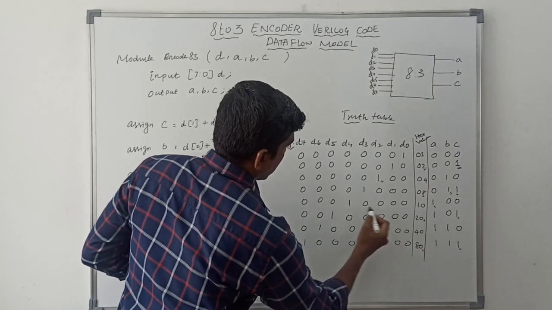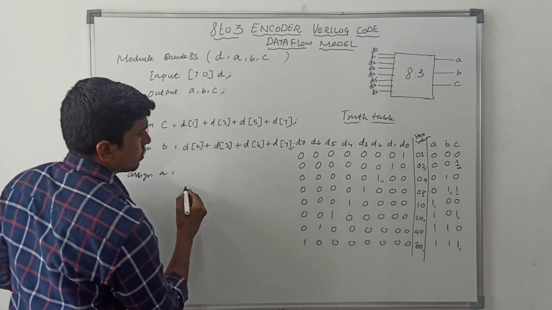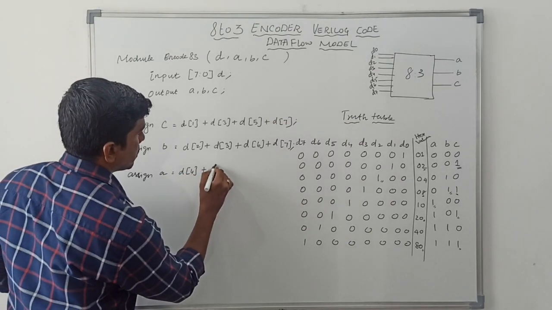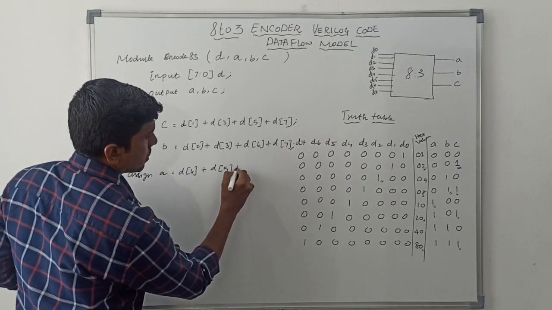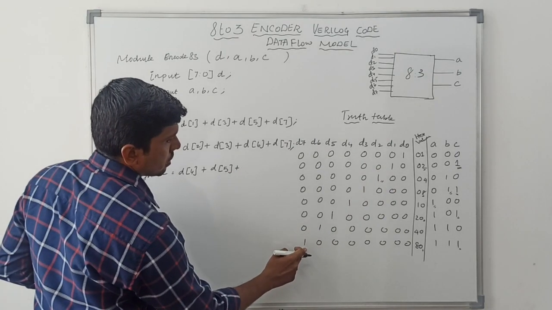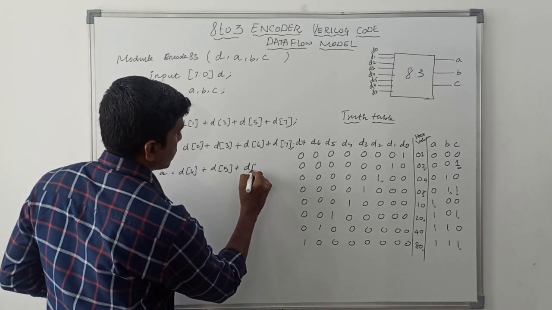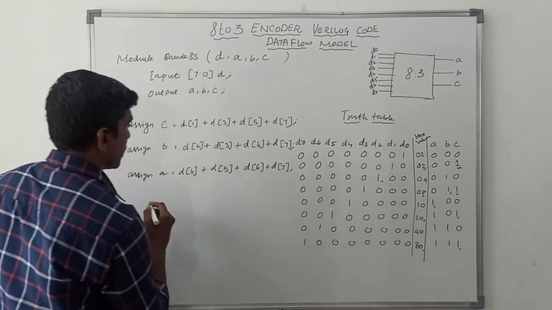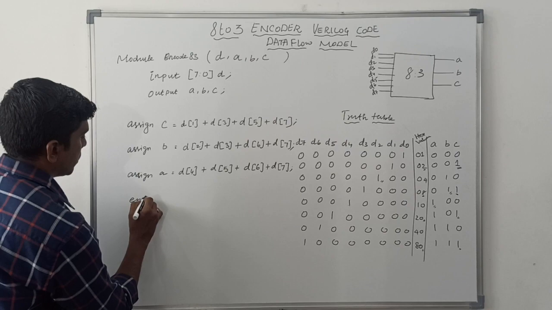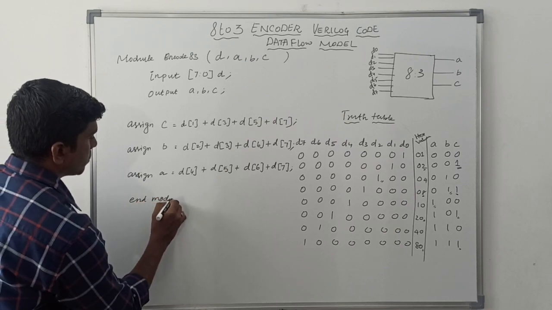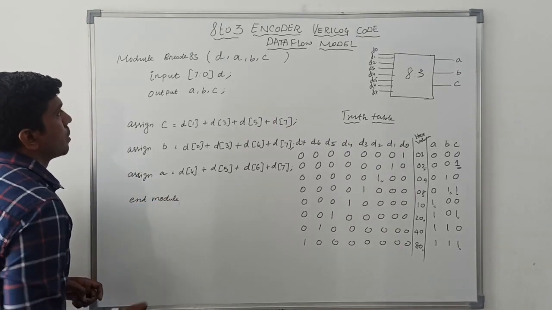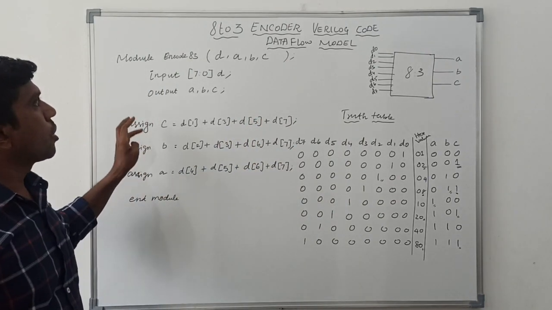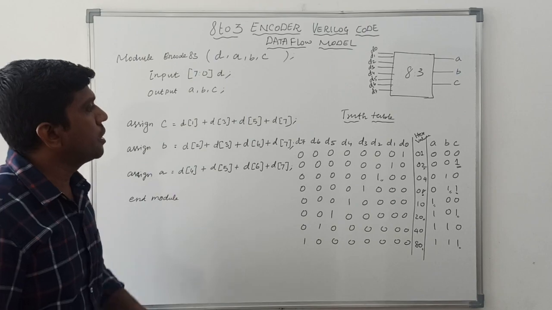So A equals D4 plus D5 plus D6 plus D7. Then endmodule. Here, semicolon. So it's the normal Verilog code for the 8 to 3 encoder.